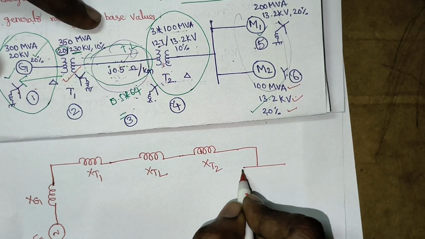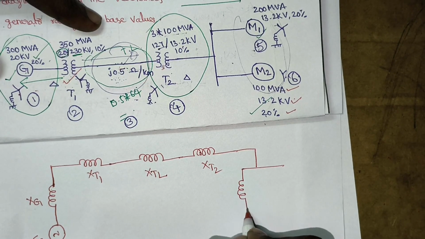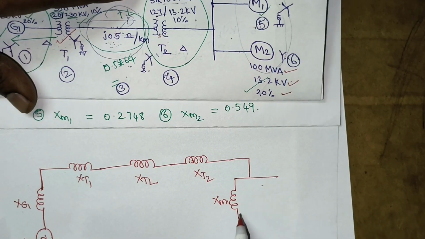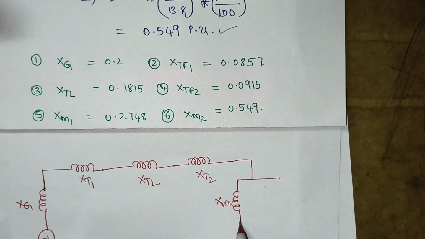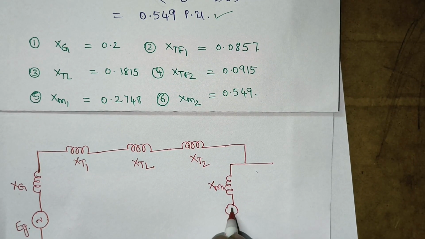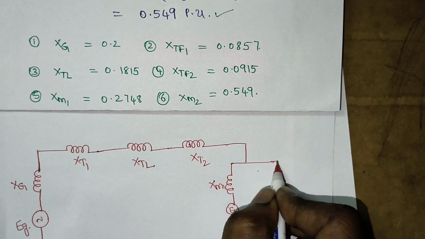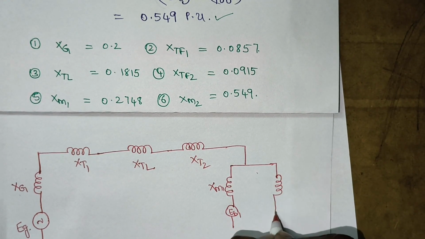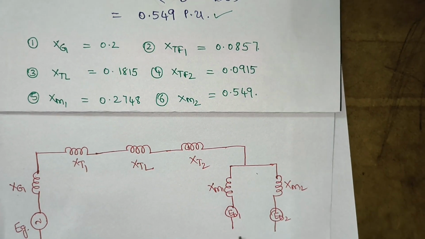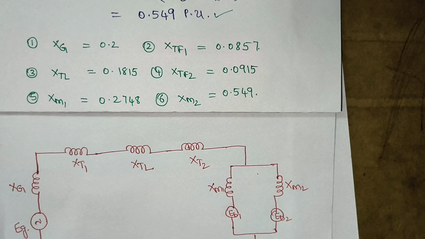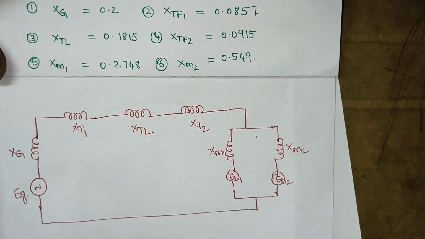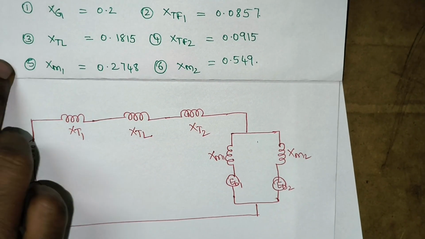One is XM1 along with the back EMF EB1, and the second one is XM2 with back EMF EB2. We'll connect everything like this. This is how I can draw the impedance diagram or reactance diagram.